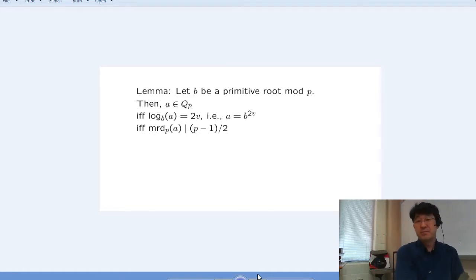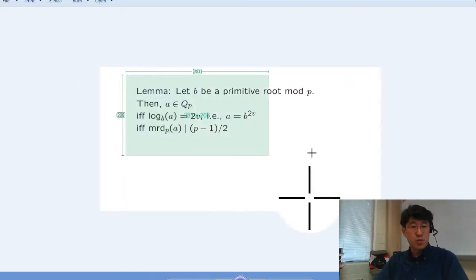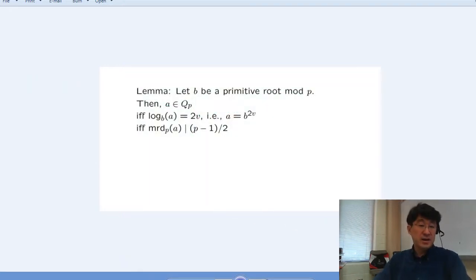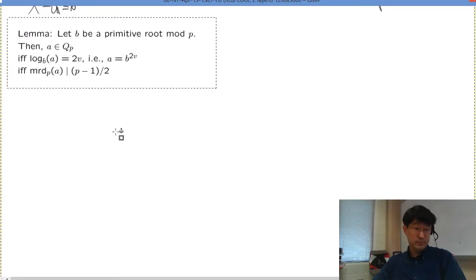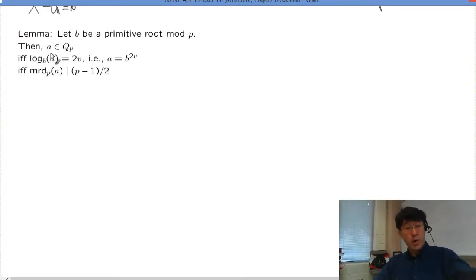All right, here it is. I said it's an application of primitive roots. B is a primitive root mod P, right? And the statement we're looking at is whether A is a QP. What is QP? Quadratic residue. When is this a quadratic residue? Let's look at some statement. It's an abstract statement.